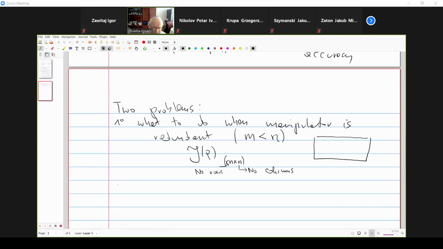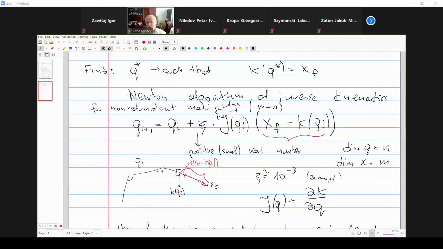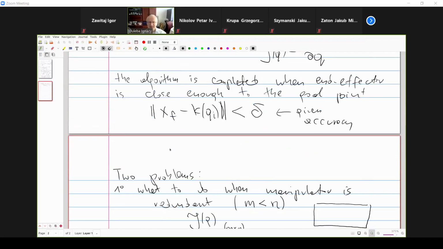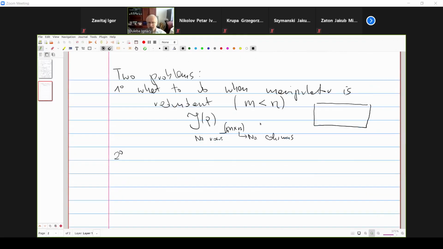And the second problem is the following. The problem of inverting. As you can see here, I need to invert the matrix. You know that some matrices, I mean square matrices, can be inverted, but other matrices cannot be inverted.